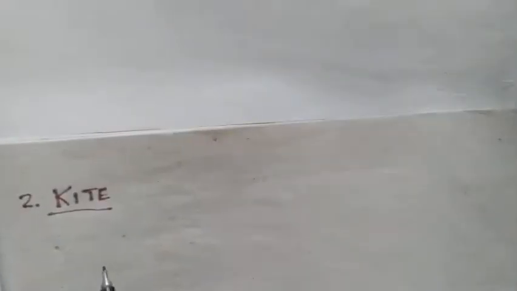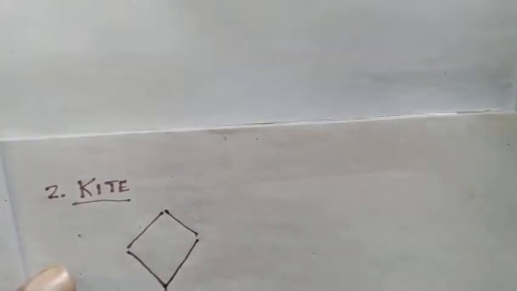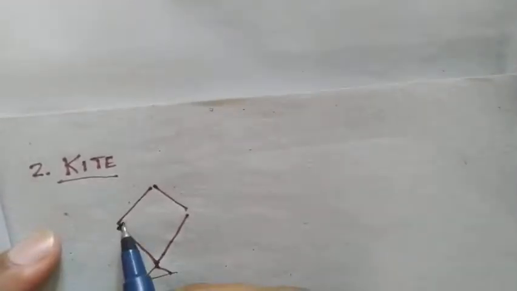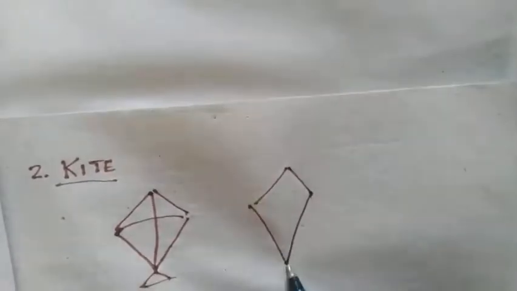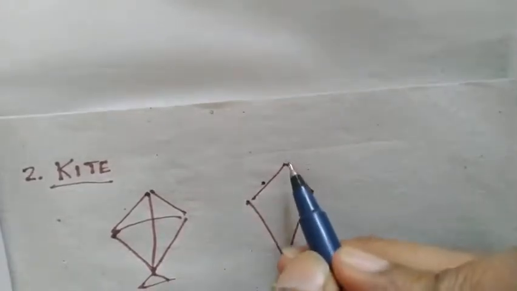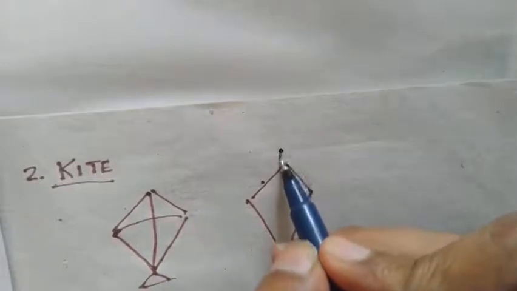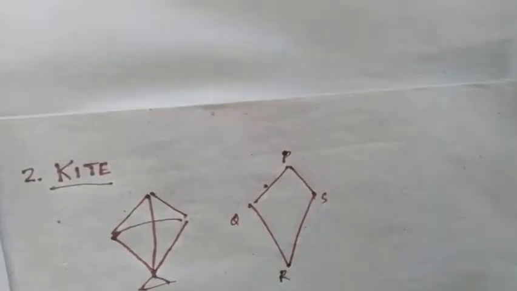Now it is kite. You might have seen kites in the sky, or you might have yourself played with them. This is generally a kite. It will have somewhat this shape, isn't it? So if you consider only this part of the kite, not this triangle, so kite is somewhat like this. If you take a kite, it has again PQRS quadrilateral.